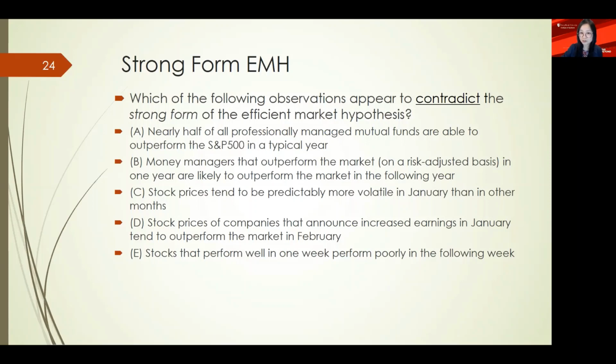I'm going to rewrite and launch a poll. Enter as many choices as you think are against the strong form EMH. Okay, I can tell you there may be more than one answer here.